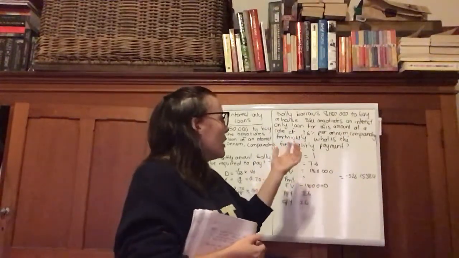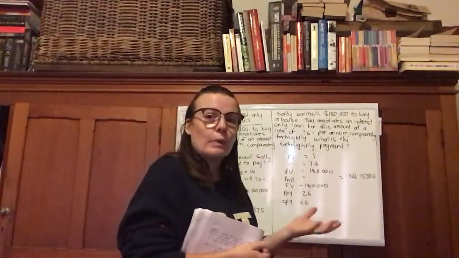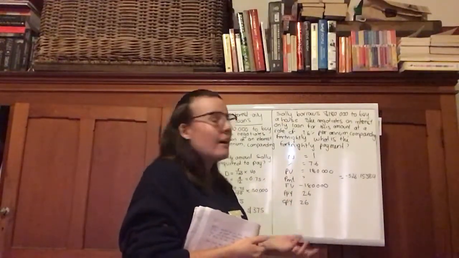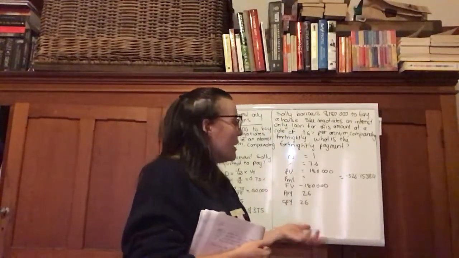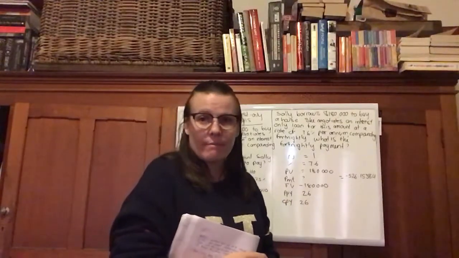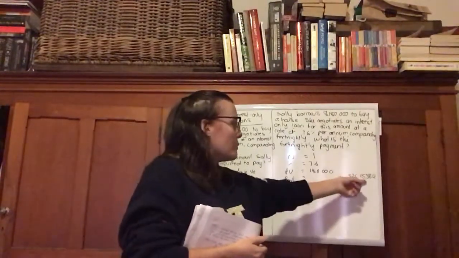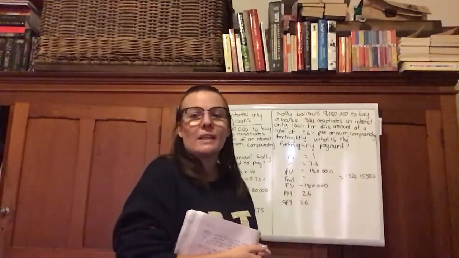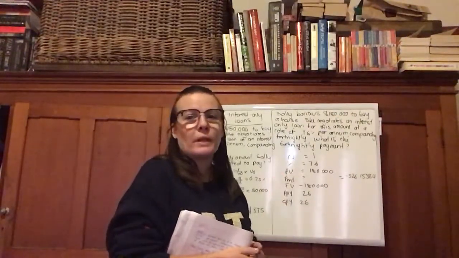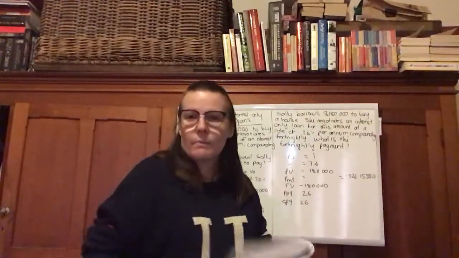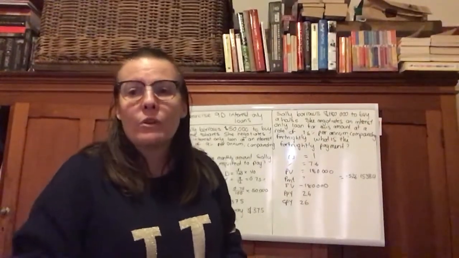We're going to say Sally's fortnightly repayments are $526.15. Okay, so because we're talking about money, we automatically round to 2 decimal places. All right, you can now get on with your exercises.